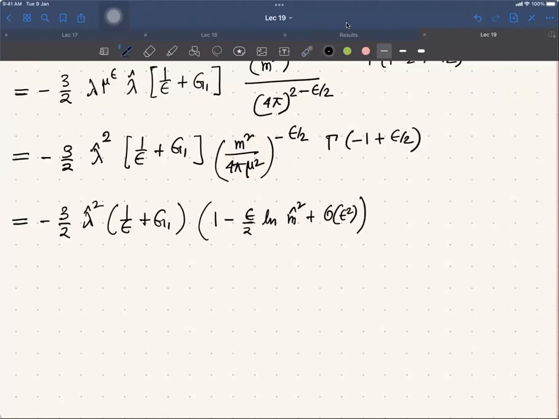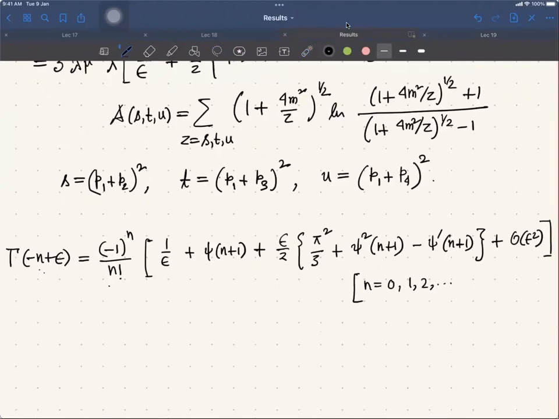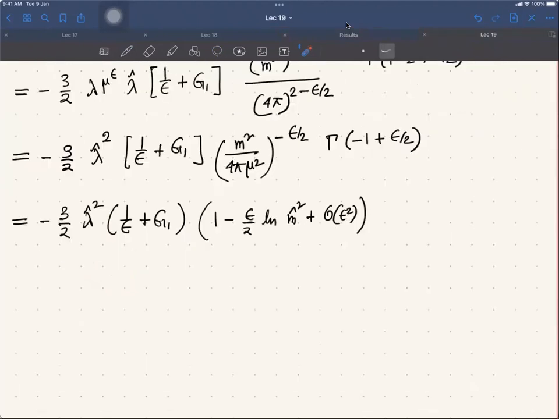And gamma of minus 1 plus epsilon by 2 has to be expanded with this formula where n is 1. So n is 1, so that is a minus 1 factor, 1 over epsilon plus psi 2. So this is minus 1, 1 over epsilon, which is 2 by epsilon, plus psi 2 plus order epsilon.